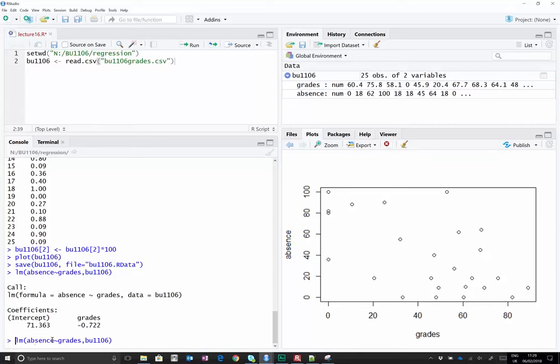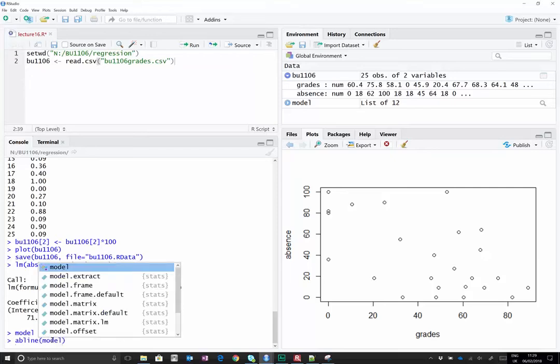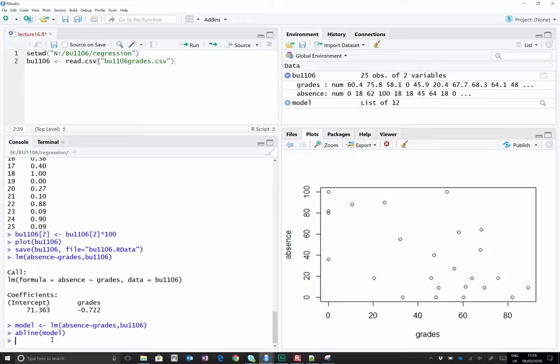Let's call it model. Okay. So abline for our model. And here's that line that the computer drew. So it's quite similar to your line. The computer just starts a bit lower, but otherwise, very, very similar. Okay.